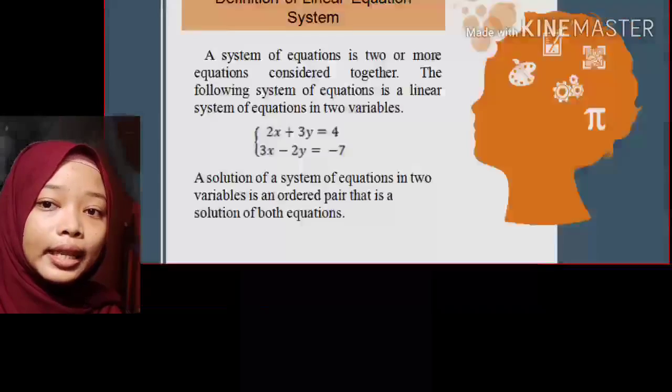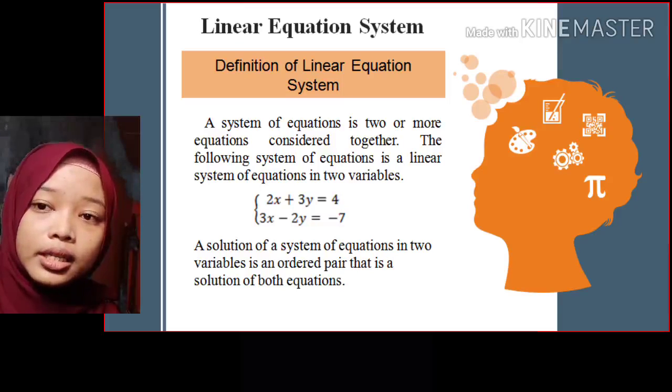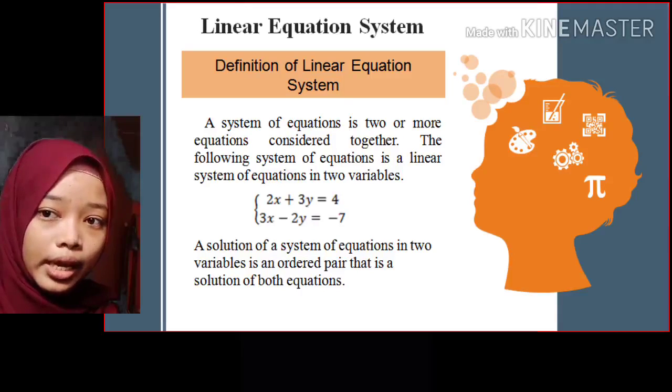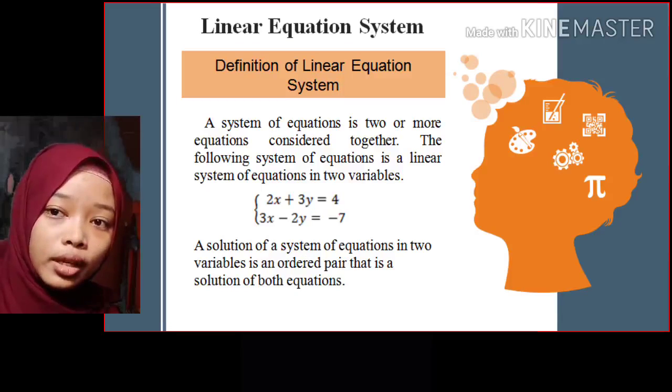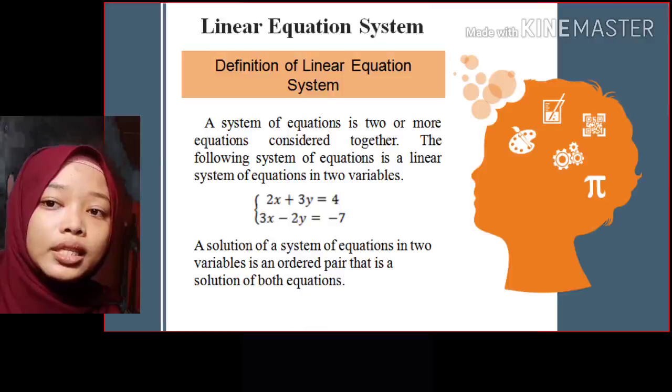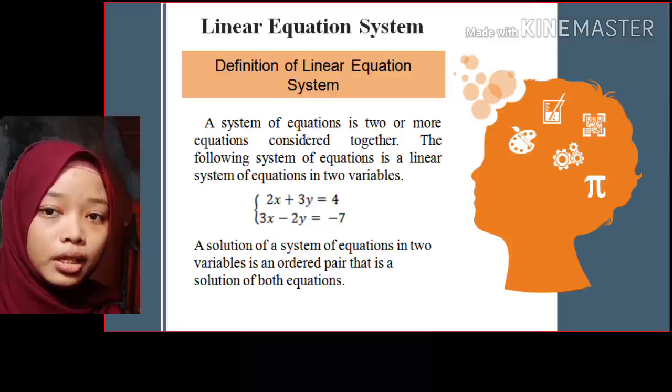The second is linear equation system. What is a system of equations? A system of equations is two or more equations considered together. The following system of equations is a linear system of equations in two variables.